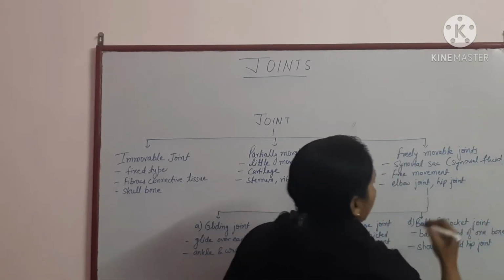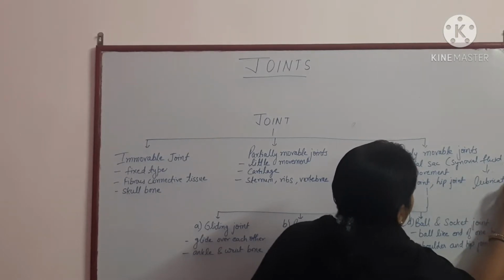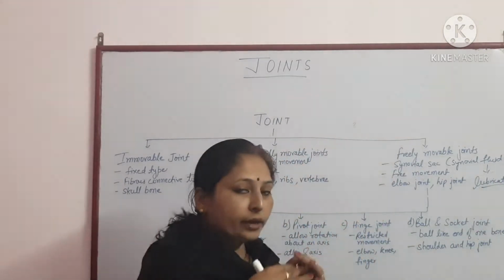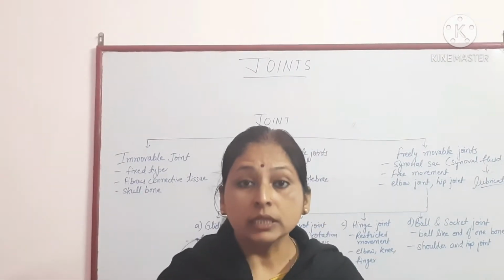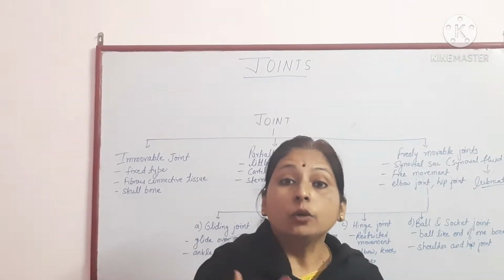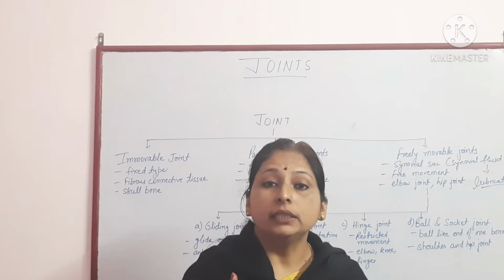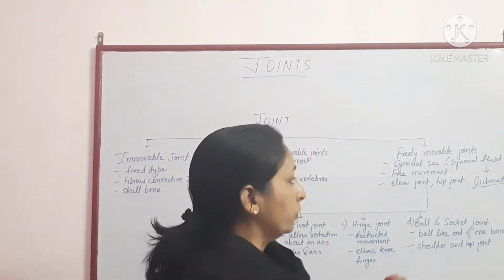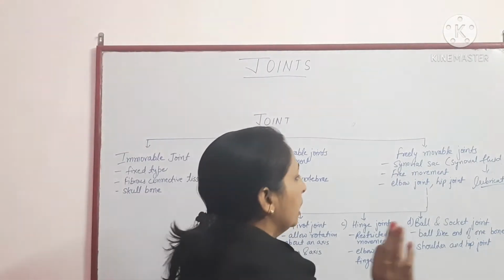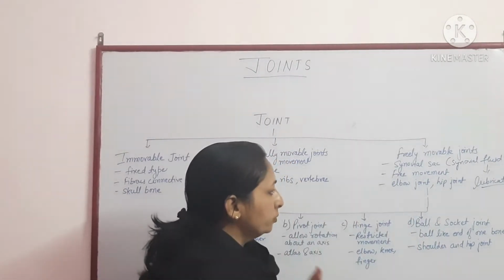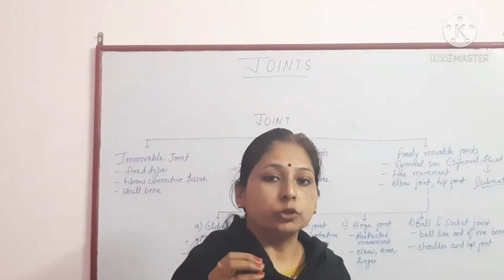The role of synovial fluid is to provide lubrication to avoid friction between two bones and to allow free movement, and that lubrication is provided by the synovial fluid present in the synovial sac. So in the freely movable joint, the synovial sac is present with synovial fluid. Free movement is present, for example in the elbow joint and the hip joint.